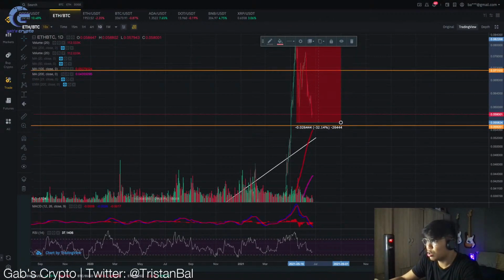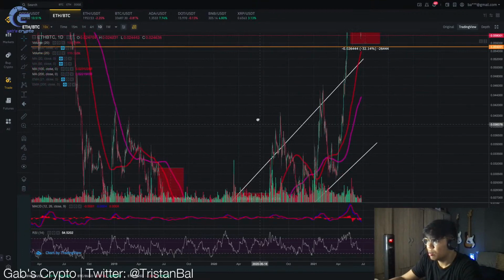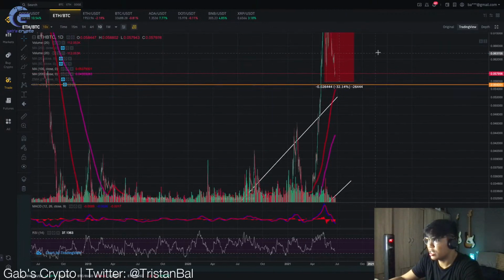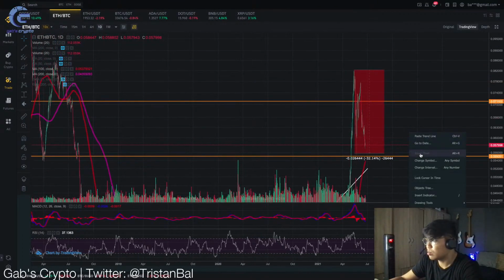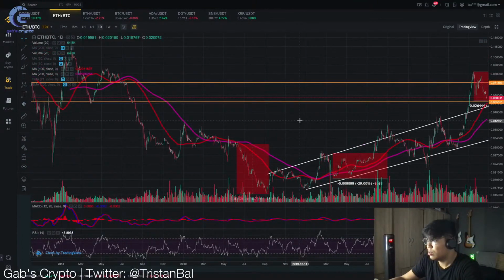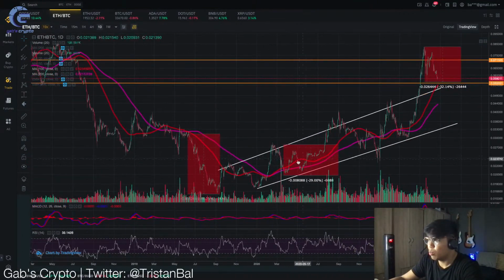So if you're going to look at this logarithmic chart, mapapansin mo na pantay yung kanyang growth or yung levels niya. So ayan, yung mga red areas na yan, dyan mo makita yung mga weakest points ni Ethereum. Ayan no. Dyan mo makita na walang pump na nagaganap masyado for Ethereum during those June to September.